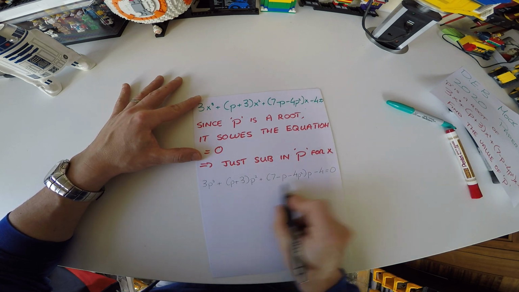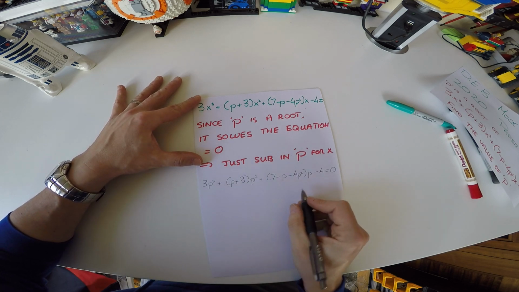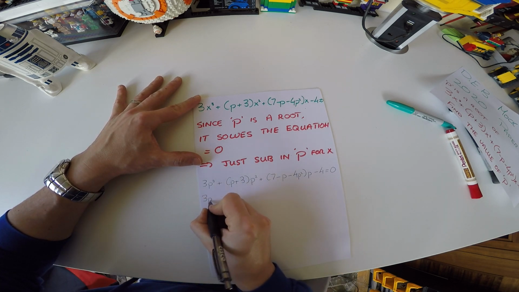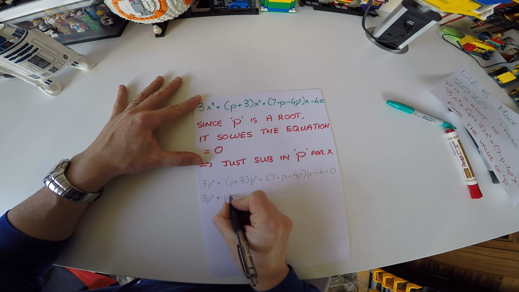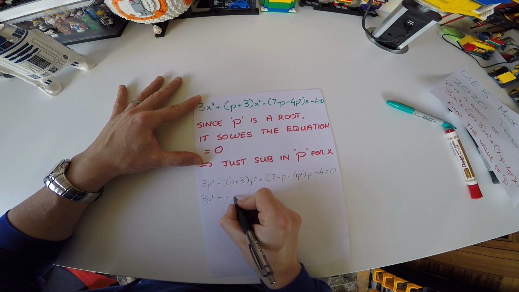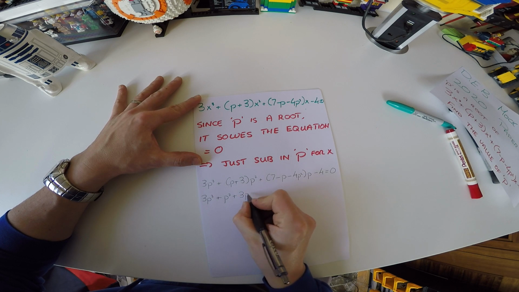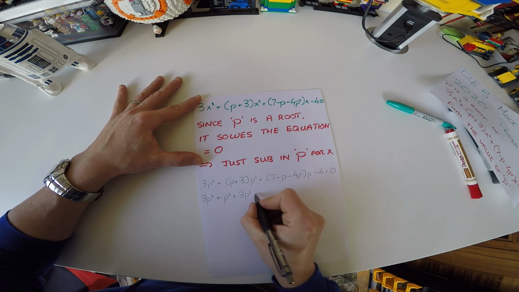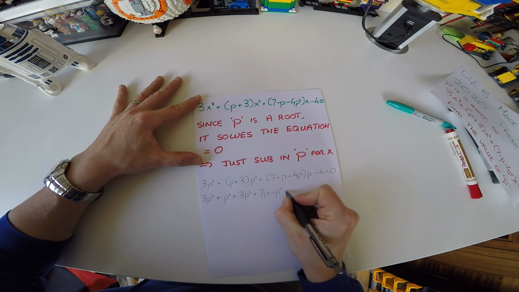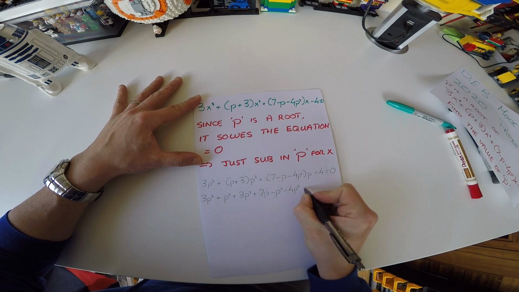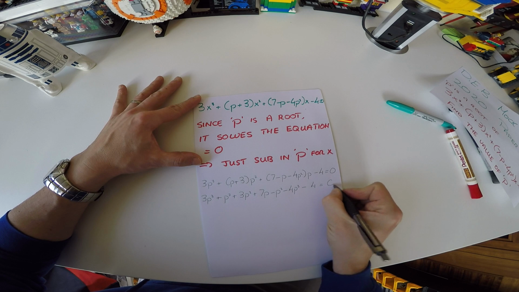So I've just changed all the x's for p's, and I'll multiply out these brackets. 3p cubed plus now p squared by p, another p cubed, p squared by 3, 3p squared, 7 times the p, and minus 4p cubed minus 4 equal to 0.